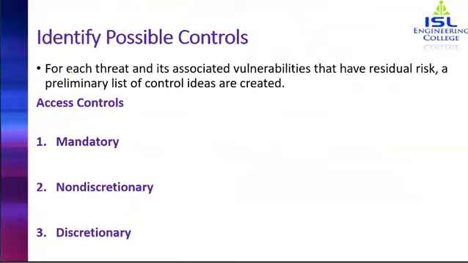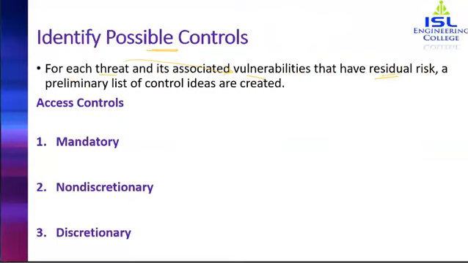Then the next part of this is identifying the possible controls. What are the different controls that can be put in place to reduce the risk? For each specific threat and its associated vulnerability, there are different types of threats, and each threat is going to have its own vulnerability that is going to be identified, that have residual risk.